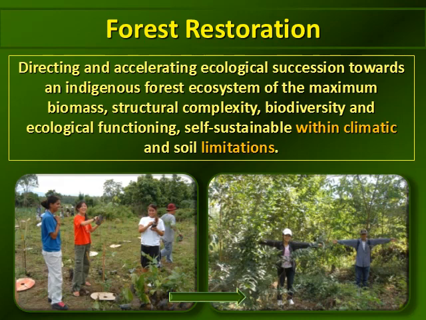Directing and accelerating ecological succession towards an indigenous forest ecosystem of the maximum biomass, structural complexity, biodiversity, and ecological functioning that are self-sustainable within climatic and soil limitations, and bearing in mind that those limitations may change in the future.